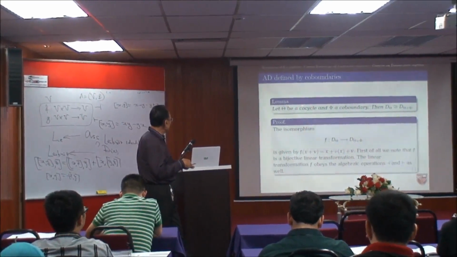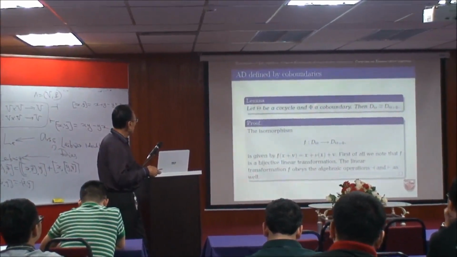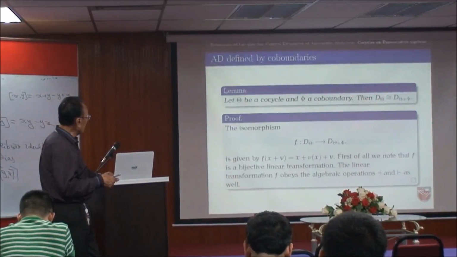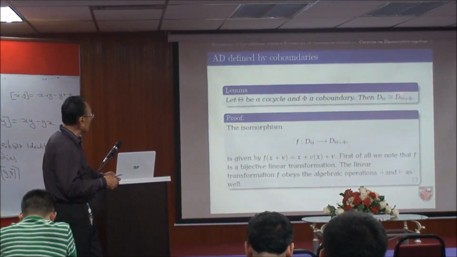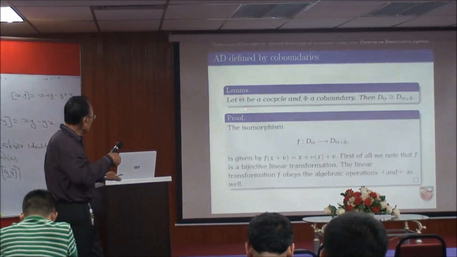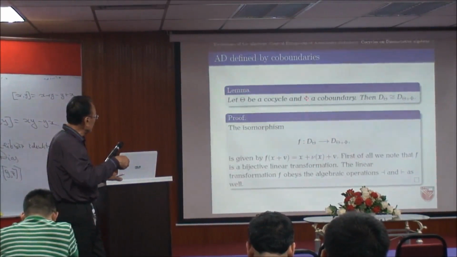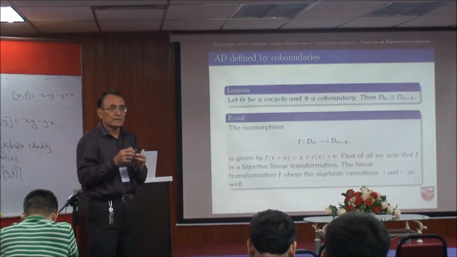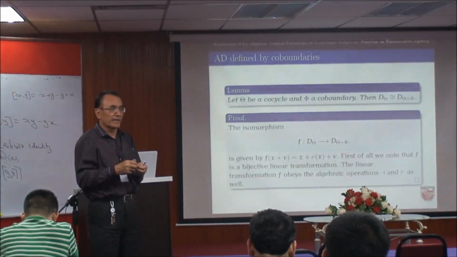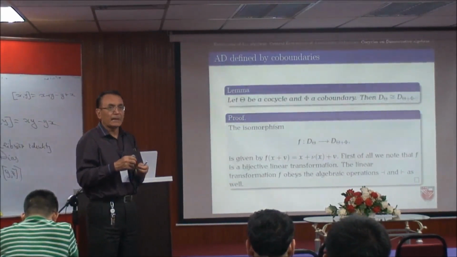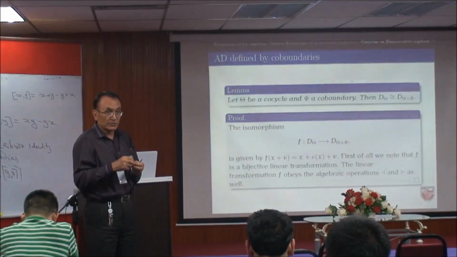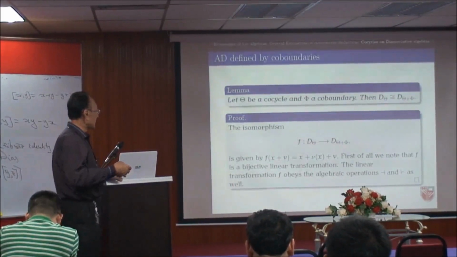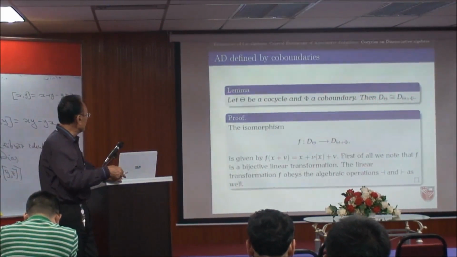If you have 2-cocycles theta and phi, then the diassociative algebra generated by this cocycle and the diassociative algebra generated by this cocycle plus this coboundary are the same. So isomorphism of diassociative algebras generated by cocycles is up to coboundaries. So you can ignore coboundaries. You can take cocycles and then construct the central extension.